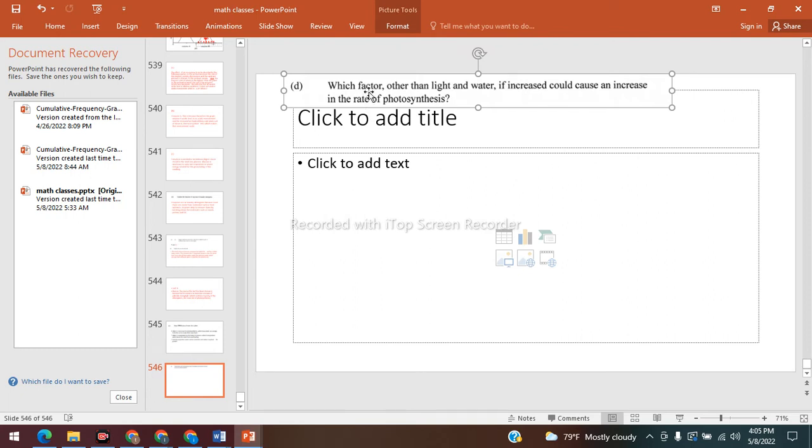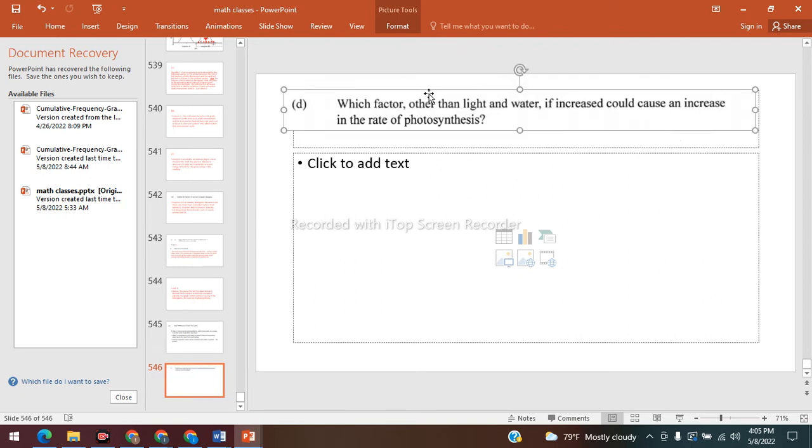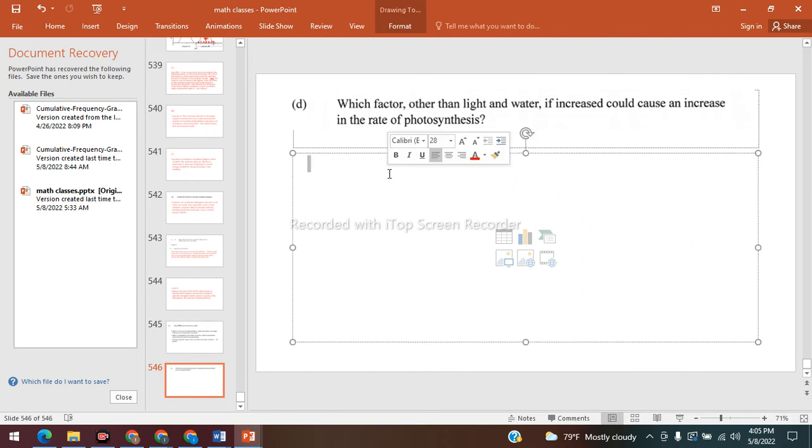So they're saying if we want photosynthesis to happen at a greater rate, we want the plant to make more food. Like what could we do, right? We could increase the number of palisade mesophyll.